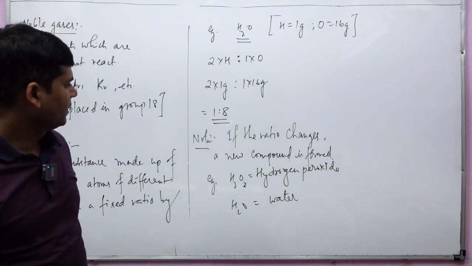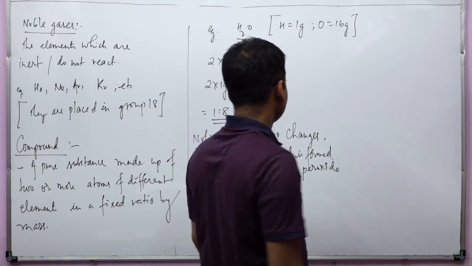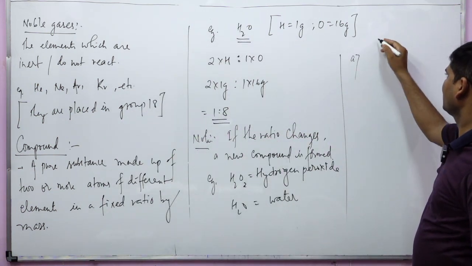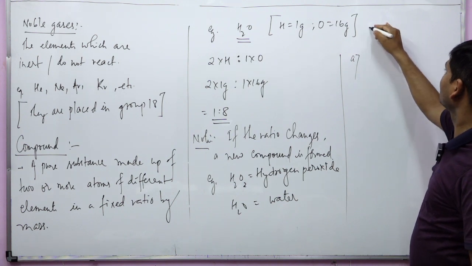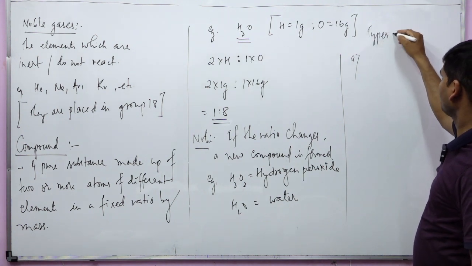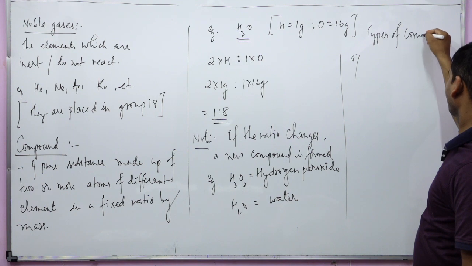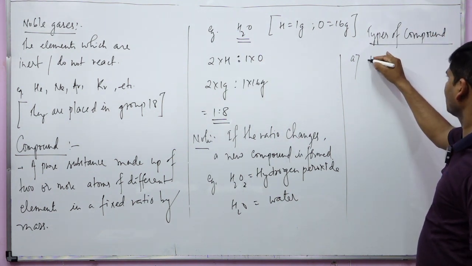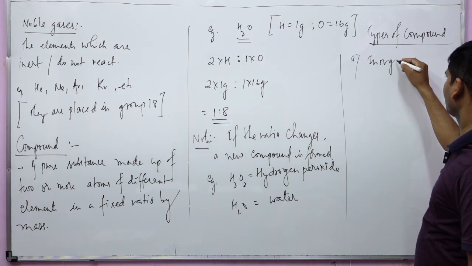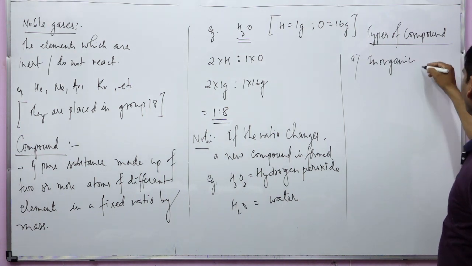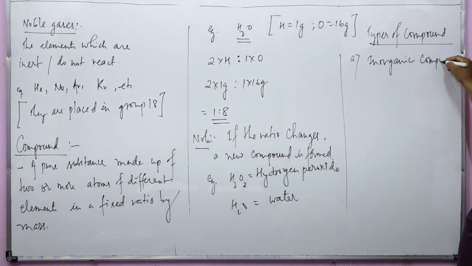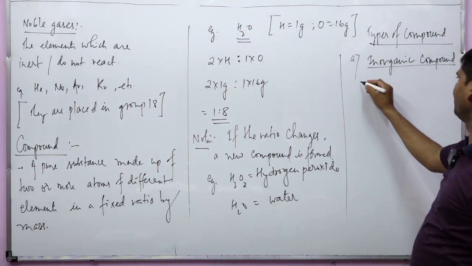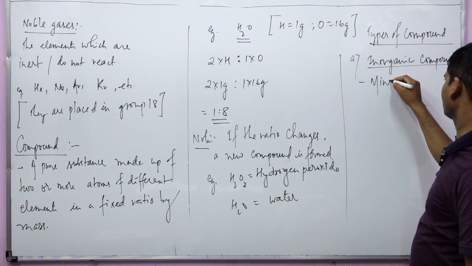Now we will discuss a little about the two types of compound. First one, let us say inorganic compounds. Inorganic means mineral based compounds.